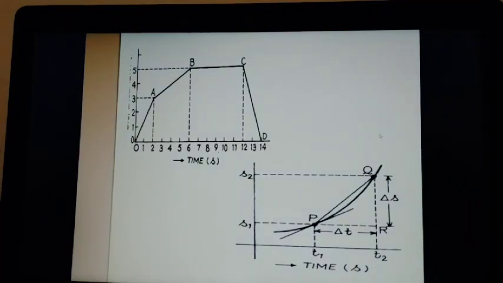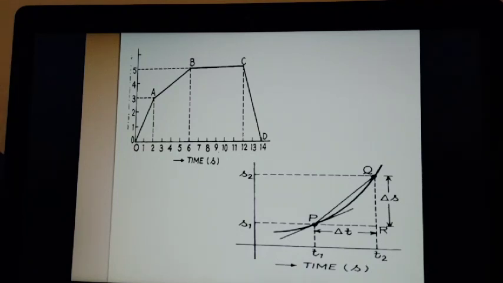In the first graph, you can find different lines with different velocities: O to A, A to B, B to C, C to D, each with another velocity. So you can find the average of all those velocities. And here, with a continuous curve, you can find the average velocity of that object. So average velocity and average of velocities are two different terms.